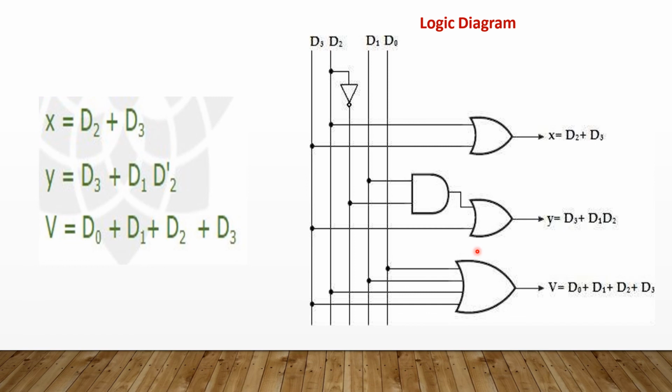If you come to the application point of view, that is where we can use this encoder. What is the purpose of this one? Generally speaking, encoders convert any data from one form to another. Especially, we'll be using encoders in communication systems like telecommunication, networking and transfer of data.